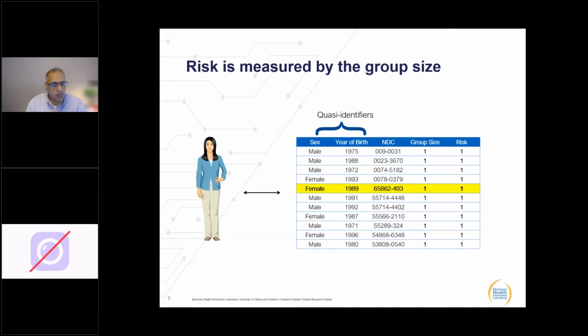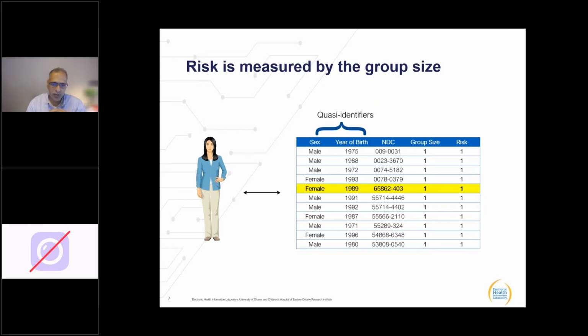And just a little bit more background, when we were measuring re-identification risk, we were worried about quasi-identifiers. So in this example, I'm going to assume that sex and year of birth are our two quasi-identifiers, and we measure risk in terms of group sizes. So in this particular case, again, we go back to the year of birth.